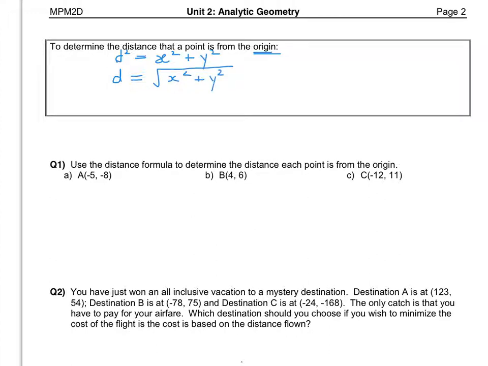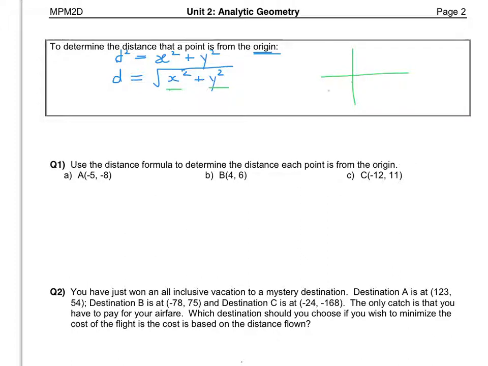So for those memorizers out there, you could memorize that formula, but what I would rather you understand is really that x is just taking the x coordinate and subtracting 0. We're really finding the run value. So this piece here is the run, and this piece here really is our rise. And we're doing that because we have our Pythagorean theorem happening with wherever our point is.